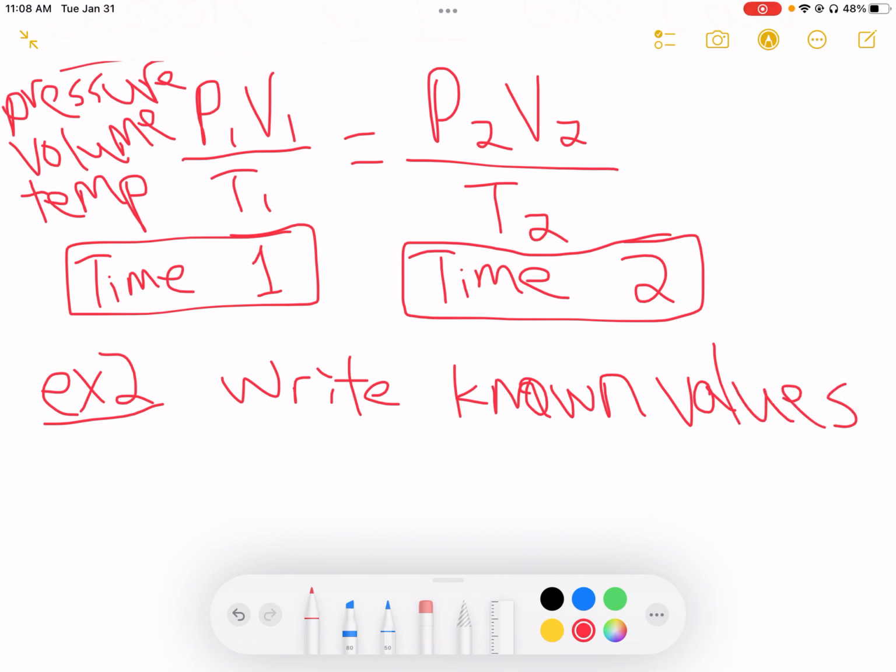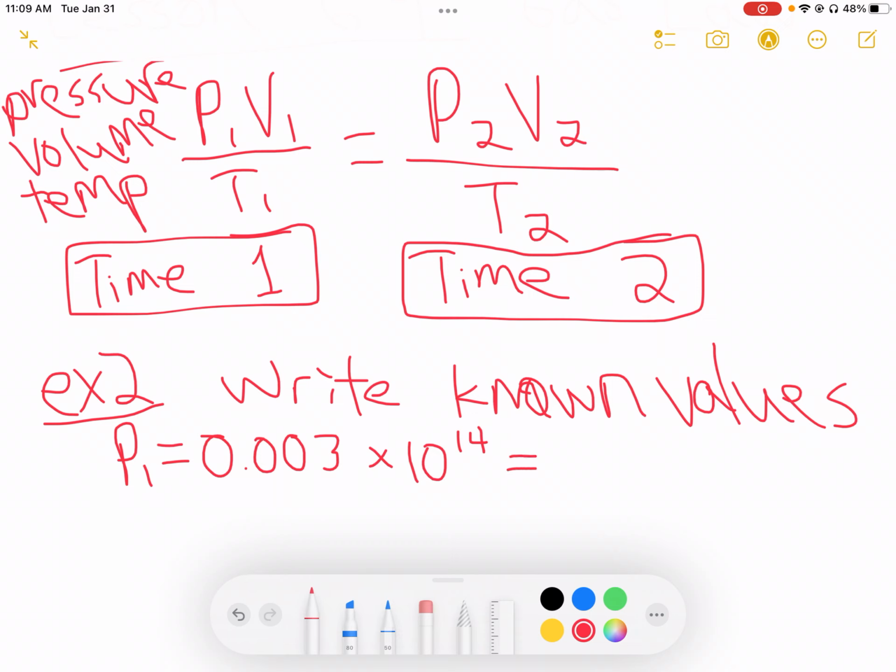They said that my initial pressure, pressure 1, was 0.003 times 10 to the 14 in pounds per inches squared. I'm going to leave my units off to the side for a second.